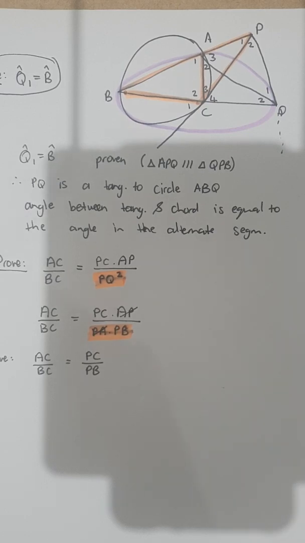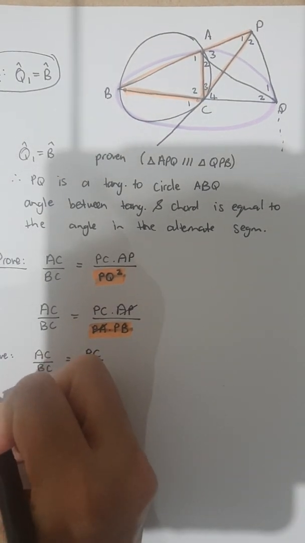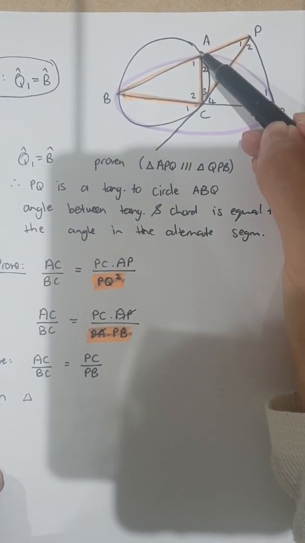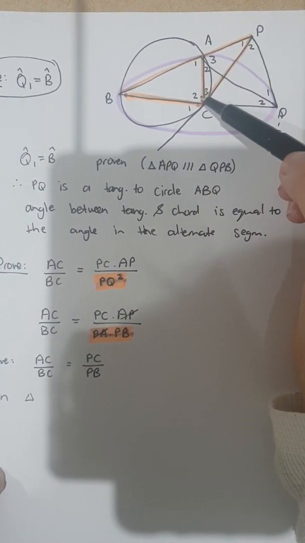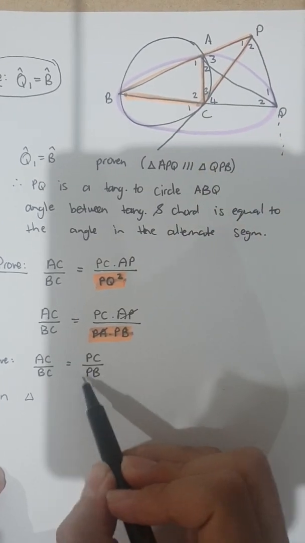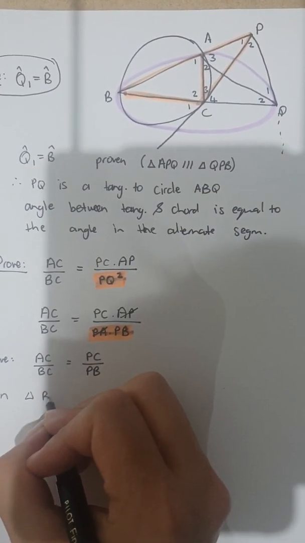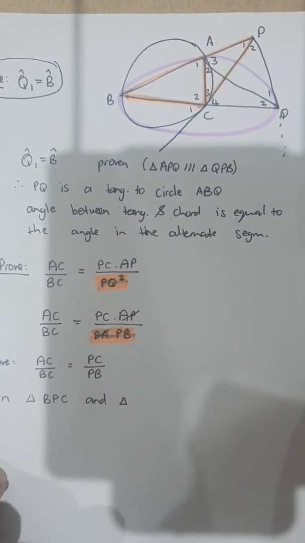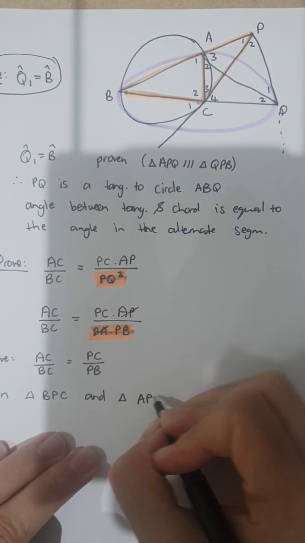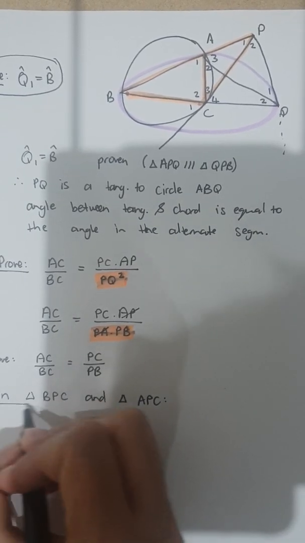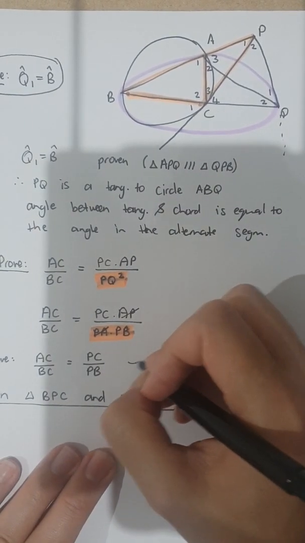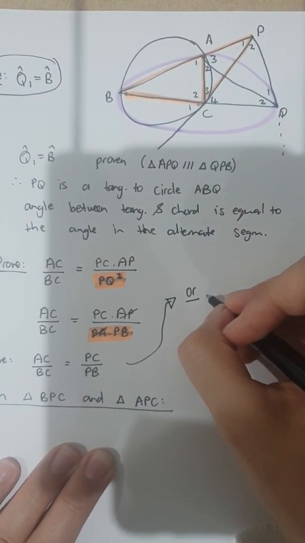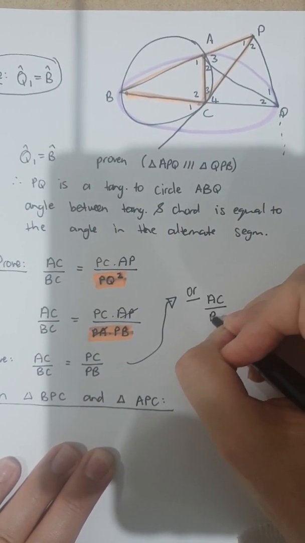I'm going to use triangle BPC because I'm talking about PB there, and triangle ABC. These are the two triangles that I'm going to use. What you can also do is shuffle them a bit around.